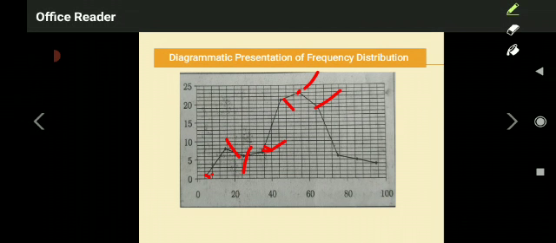After 19, in the 70 to 80 class interval there are 6 observations. Okay, here it is. There are 6 observations. After that there are 5 observations. Here it is. And the last one is 4.